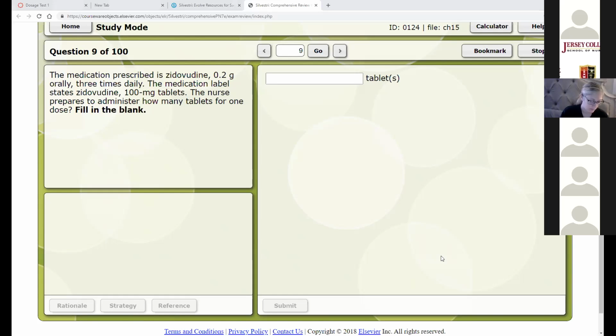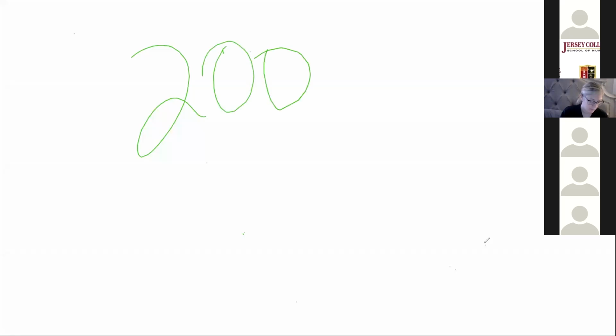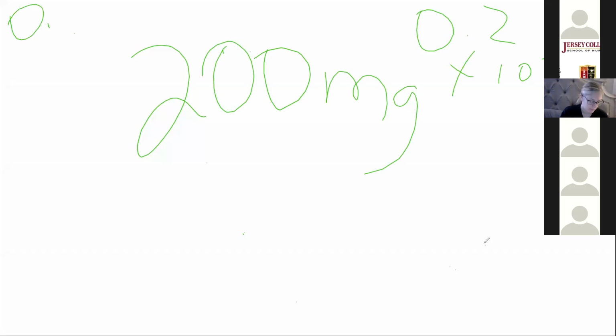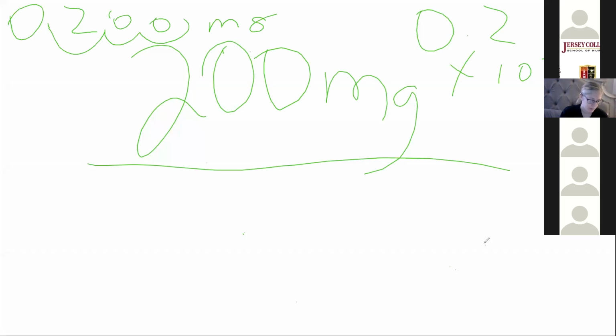And this is all I'm saying. Let me put it on the whiteboard. You have 200 milligrams because that's what the 0.2 grams converted into. 0.2 times 1,000, or let's move the decimal 3 places. 1, 2, 3, and that gives us 200 milligrams. What we have on hand is 100 milligrams times 1 tablet.